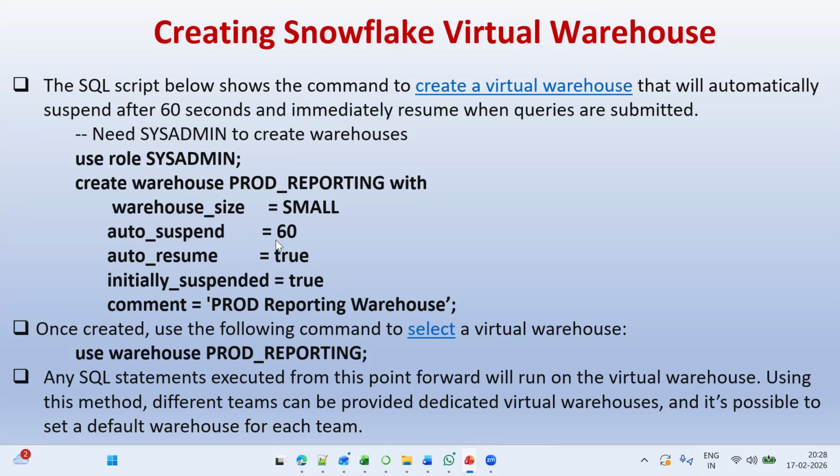And auto suspend 60 seconds means 1 minute. But this is also not correct because for every 1 minute it will automatically suspend, right? It is not like for every 1 minute you will run the queries. Correct, no? Sometimes every 15 minutes or you will have a time gap also.